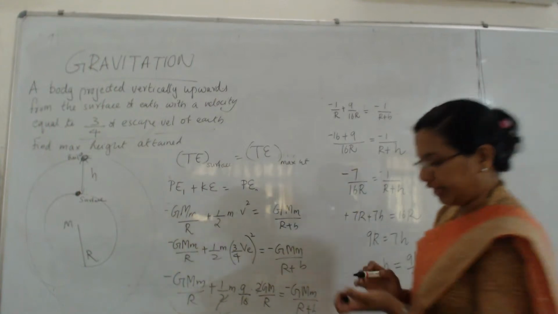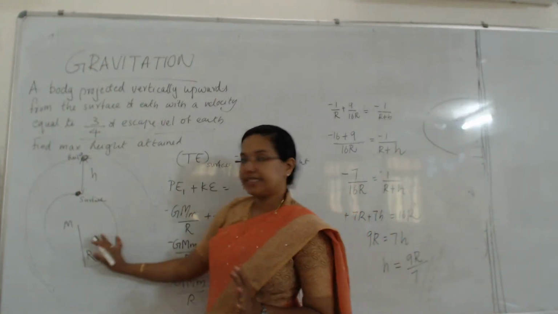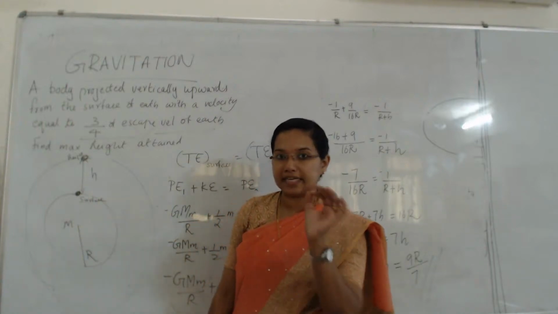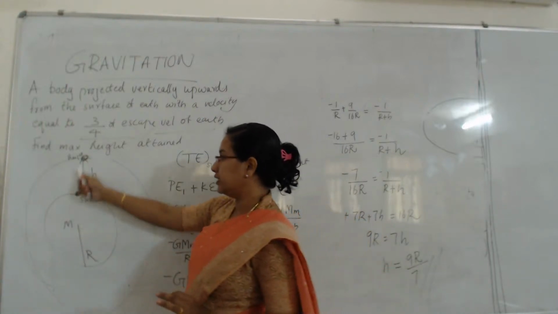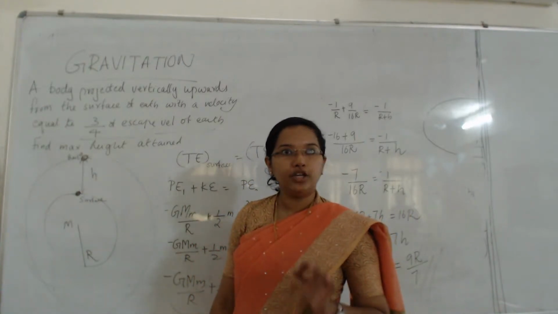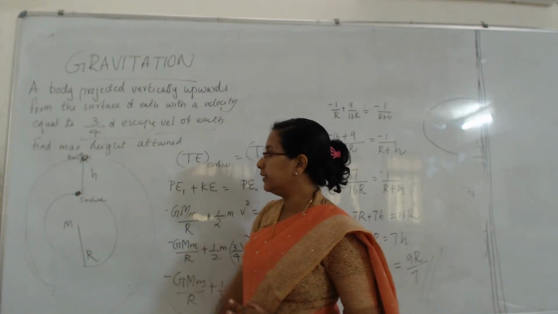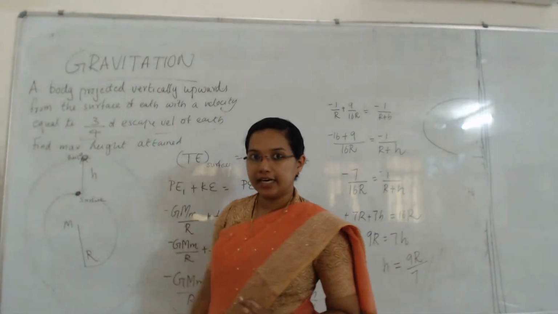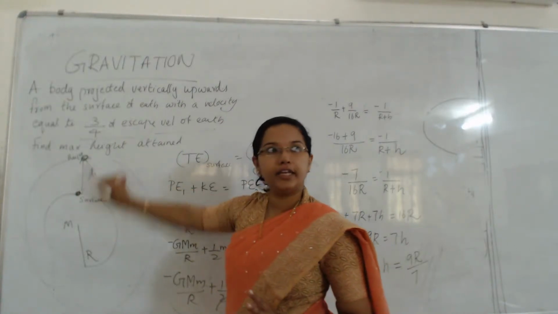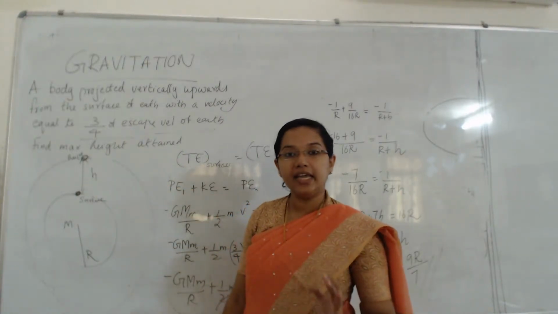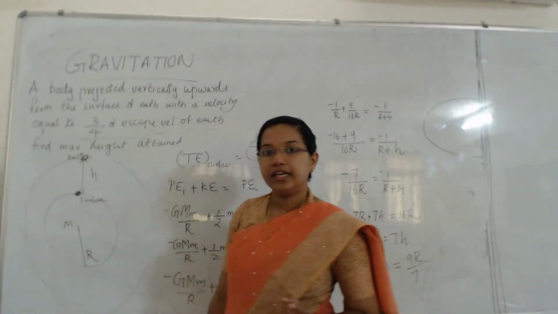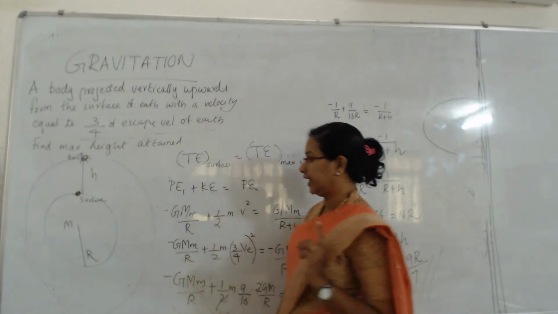To repeat: a body. This is our Earth. On the surface of the Earth we have a satellite. From here we are projecting the satellite. When it reaches this point, the body has only potential energy. At the first point it has both potential energy and kinetic energy.